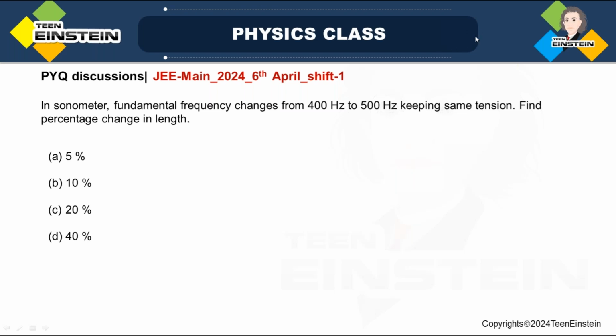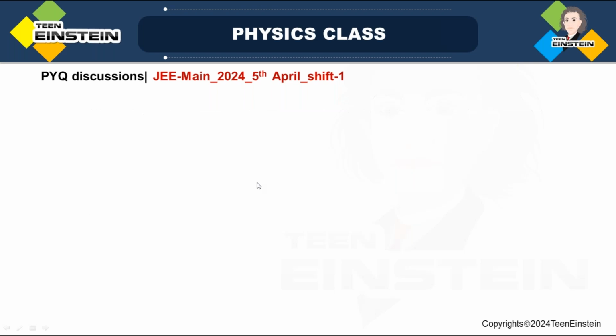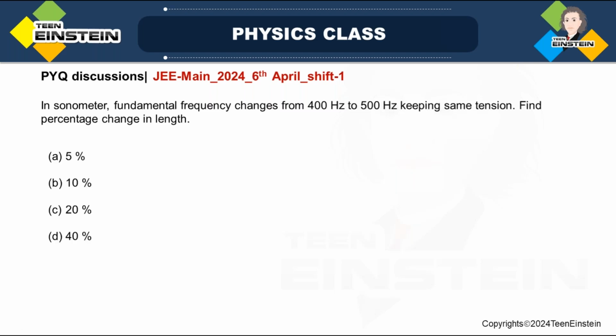So this problem is from the 6th April paper, shift 1, the first one. This question says, in a sonometer, the fundamental frequency changes from 400 to 500 Hz, keeping the same tension in the string.